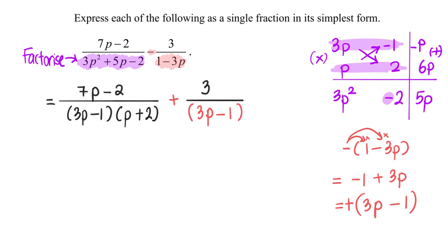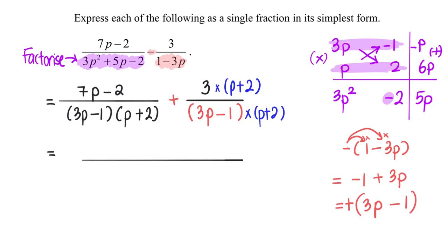And once I do that, I realize that all we have to do next is just to multiply by p plus 2 on both the numerator and denominator for the second fraction, and we will have this common denominator, which I'm going to rewrite the whole thing as a single fraction.